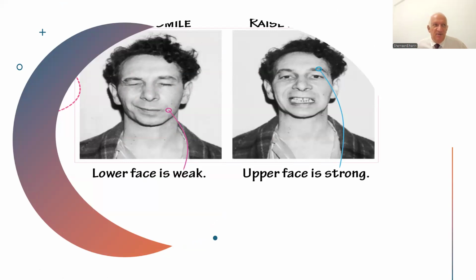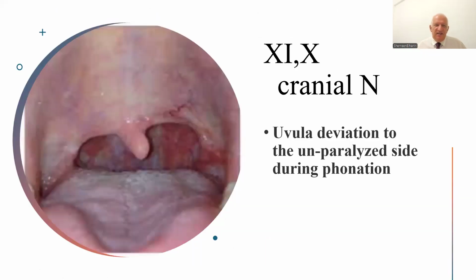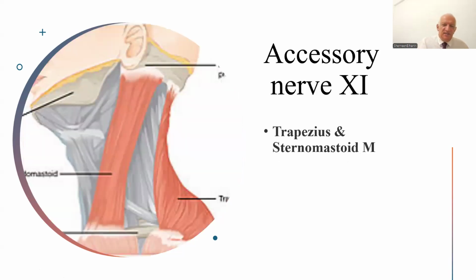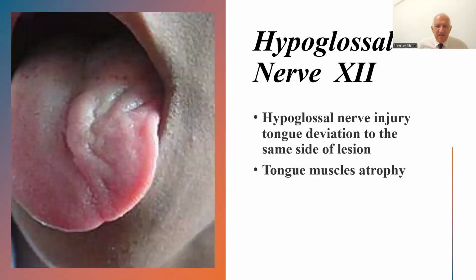If he is unable on the same side to elevate the eyebrow and close the eye, it is lower motor neuron lesion. If the uvula is deviated to the left side, the lesion is in the right vagus or glossopharyngeal nerve. If the tongue is deviated to the left side, the lesion is in the left hypoglossal nerve.